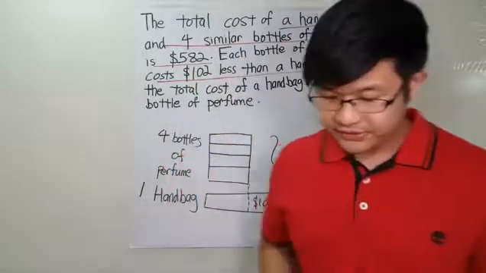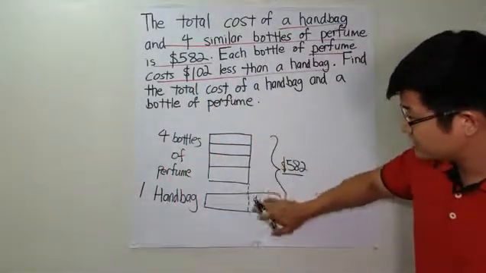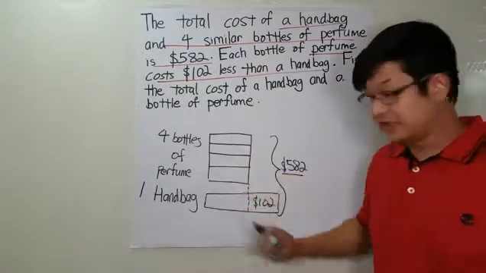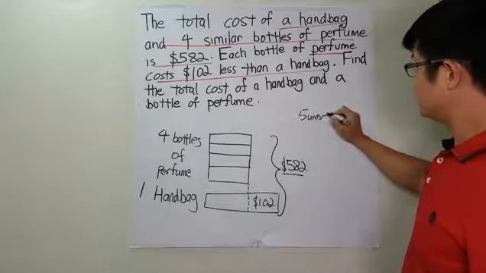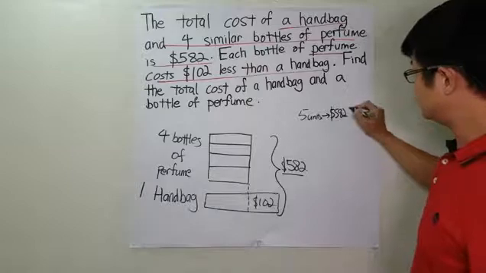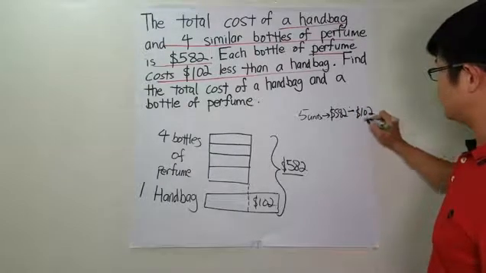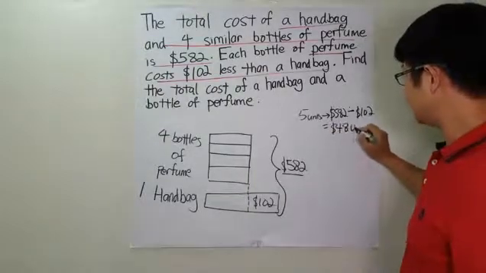From this point onwards, it's going to be very easy. We want to get rid of this extra portion here because once we get rid of this, we can see very clearly we have 5 units. So 5 units would therefore be $582 minus away $102, and you will get $480.